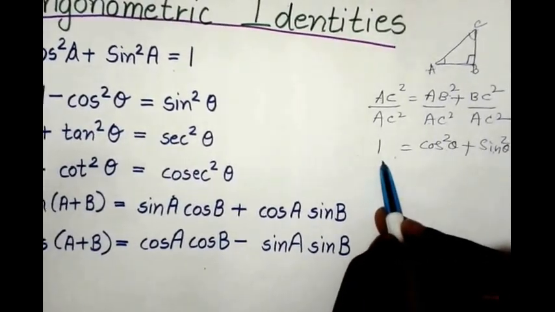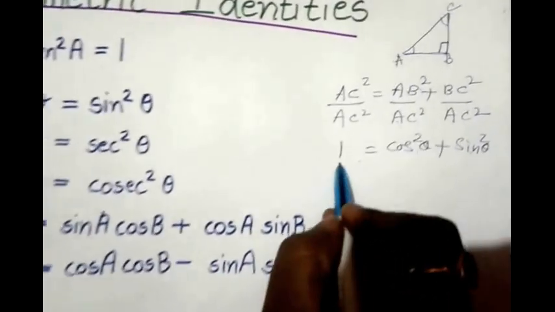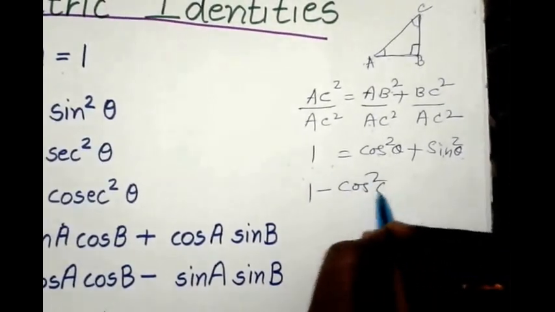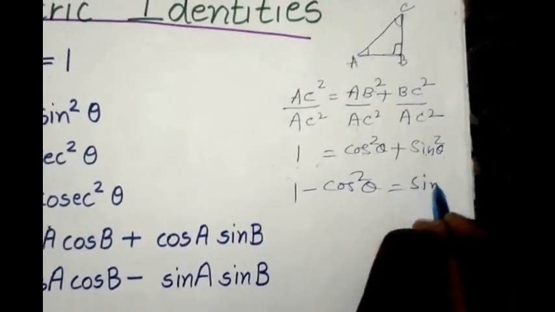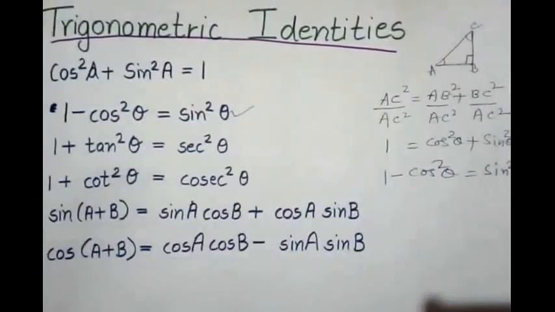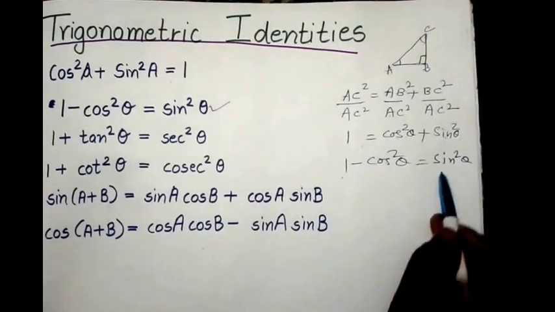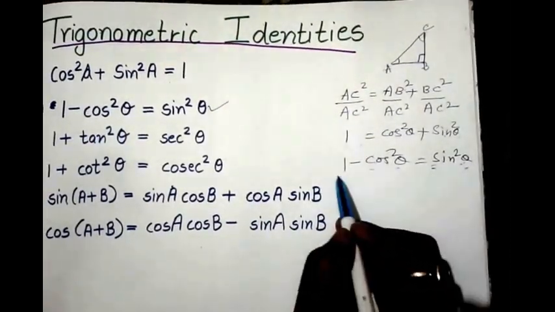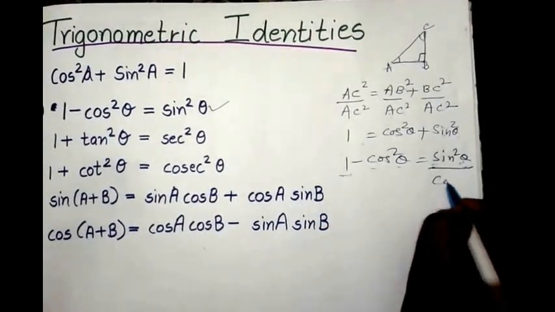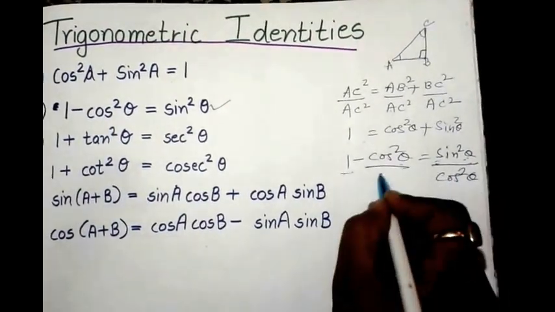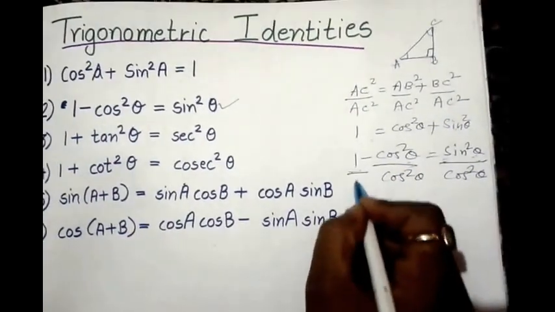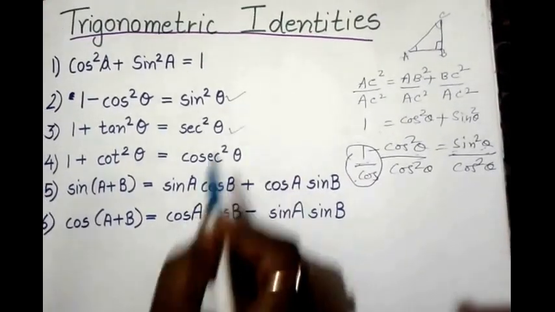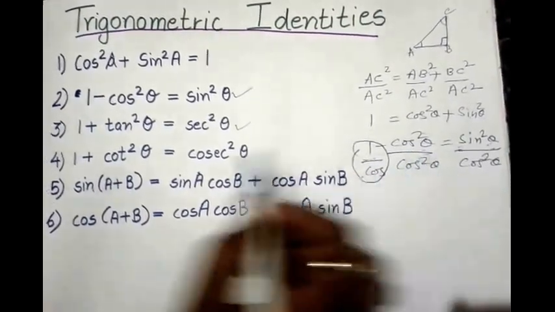So it is proved. The same way, if you rearrange this equation and bring cos square theta to this side with a minus sign, you will get the second identity. Then divide by cos square theta: sin square theta over cos square theta becomes tan square theta, 1 over cos square theta becomes sec square theta, and cos square theta over cos square theta becomes 1.